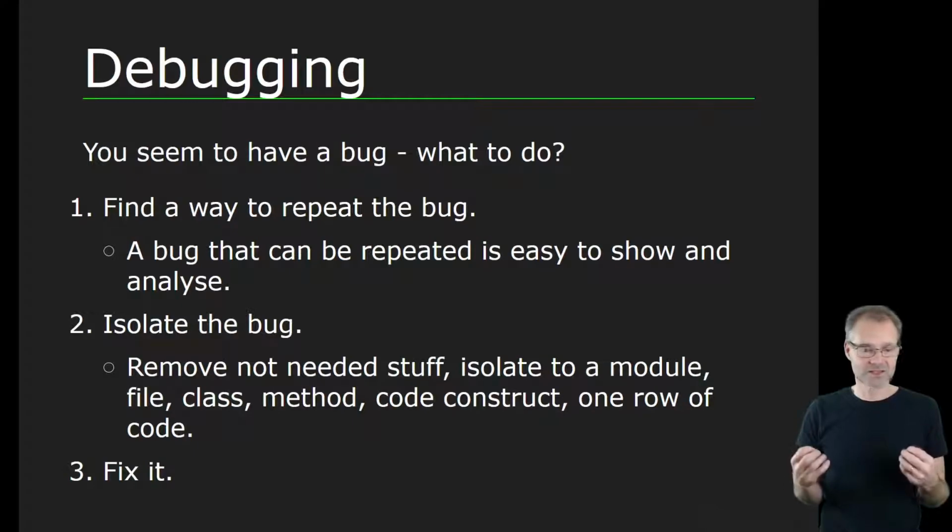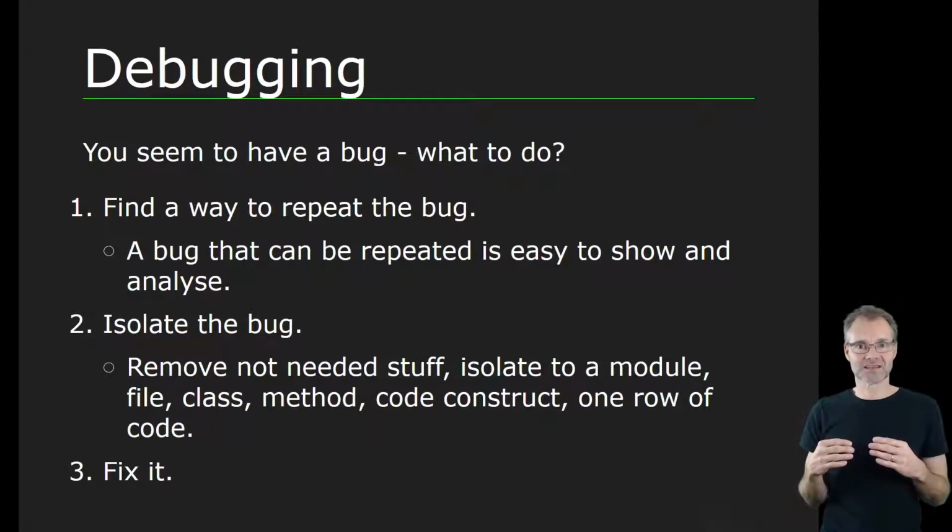And eventually we find out that, okay, I have a bug, or my friend says I have a bug, but I need to repeat it. That is the first essential step. Repeat the bug, and when I can repeat it, well, then I can trace it down and try to isolate it.